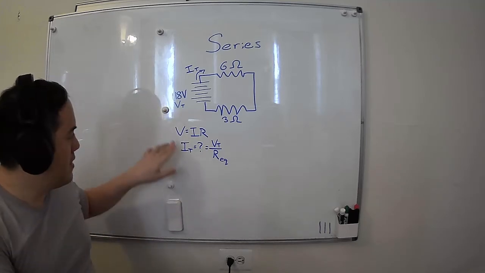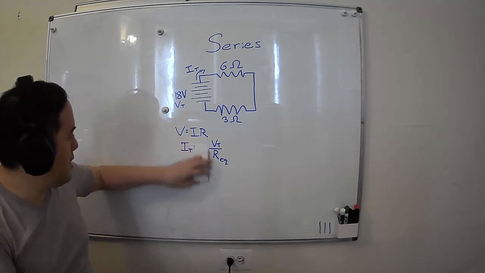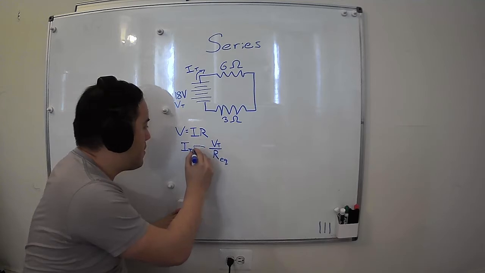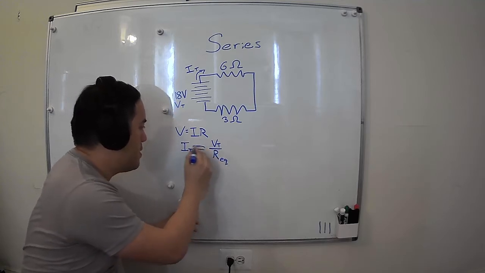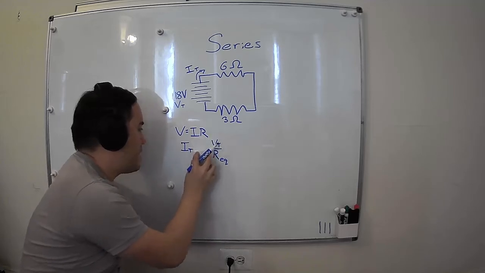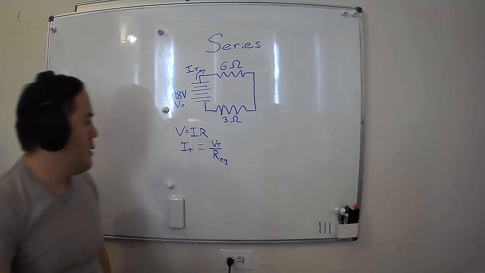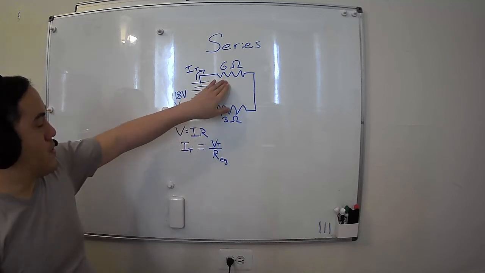V equals IR is true for the whole circuit. I total equals V total over REQ. I would call it R total, but it's not just the total all the time. But this is also true for both resistors by themselves.